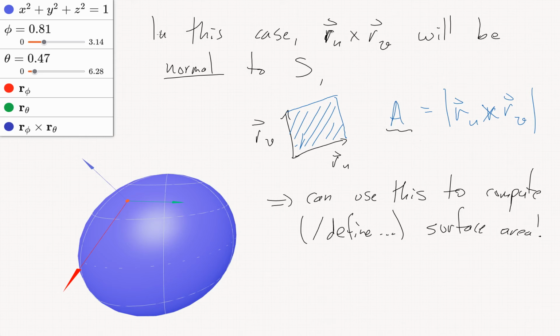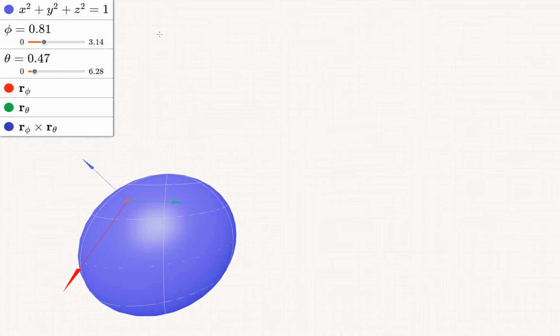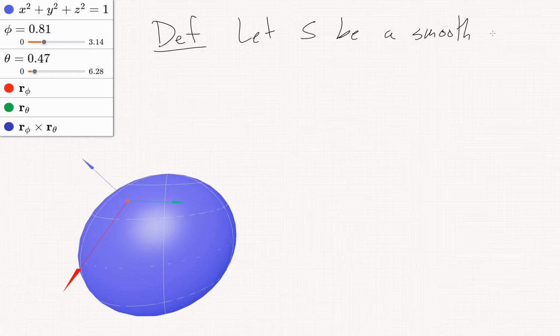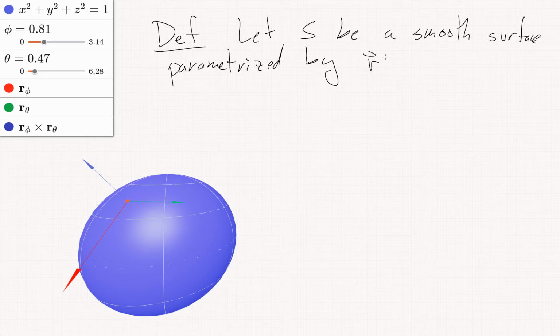Okay, so definition. Let S be a smooth surface parameterized by R(u,v) with u between a and b and v between c and d.